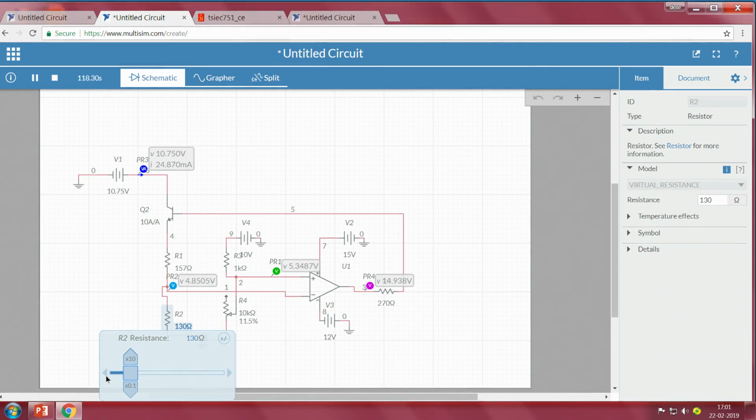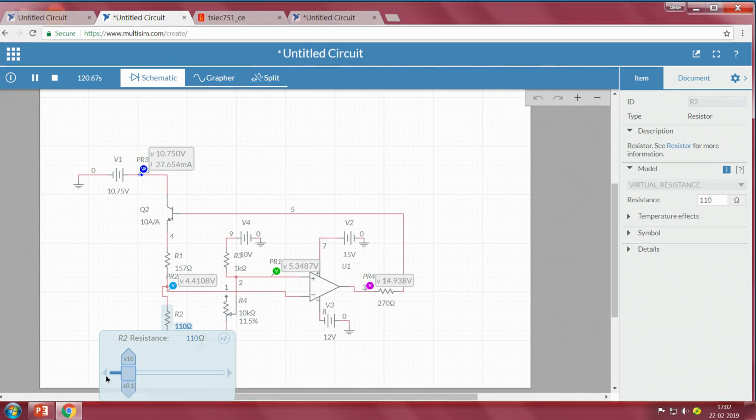What is the current? It is 24 milliampere. Assuming there is an increase in airflow, there is a drop in resistance because there is a drop in temperature, and the current has increased from 24 to 25 milliampere. As you can see, there's a 1 milliampere increase for every 10 ohm change of resistance.